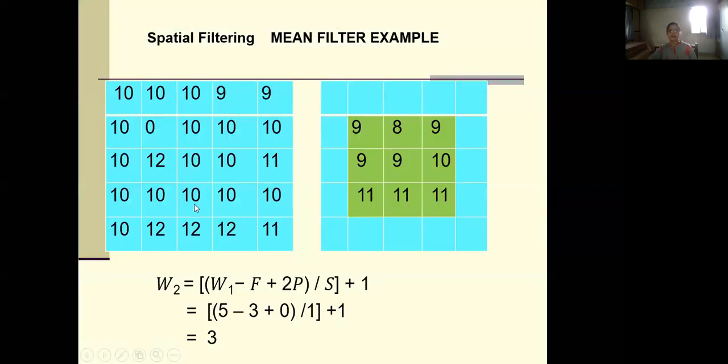Similarly, when we apply this process of an averaging filter or mean filter, we get this 3 by 3 image as the enhanced image or resultant image by application of this particular filter of size 3 by 3, with weight values as all 1 and the entire matrix scaled down by 9. So this is your resultant image.